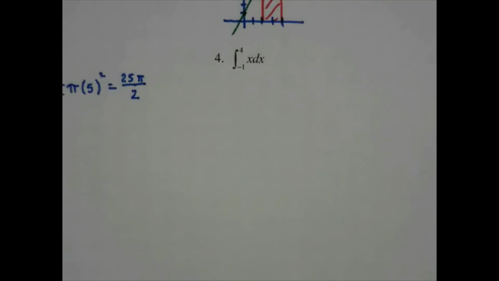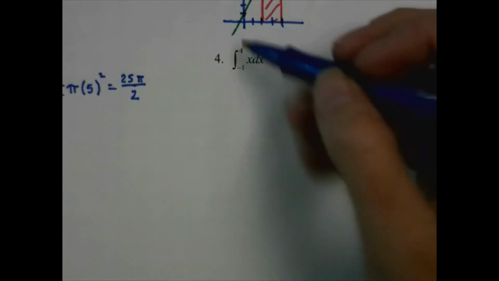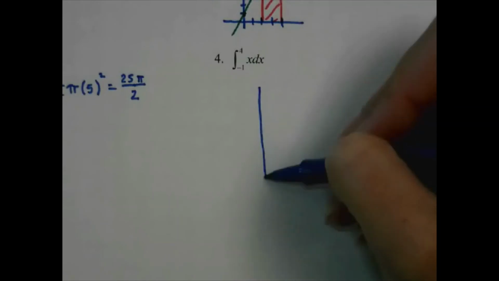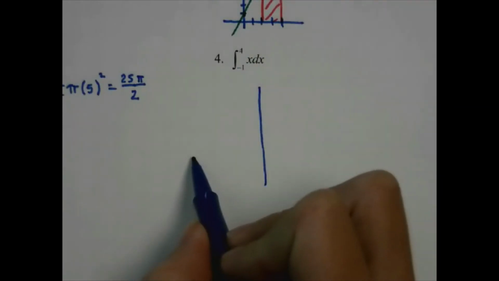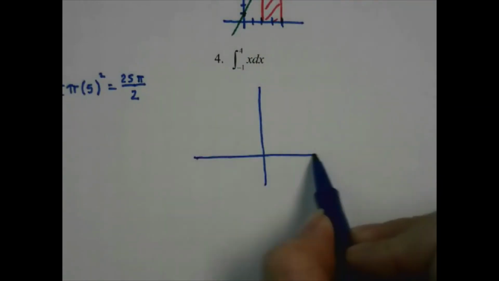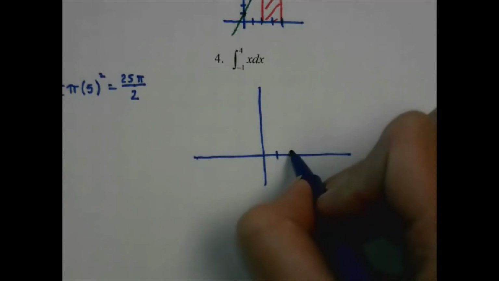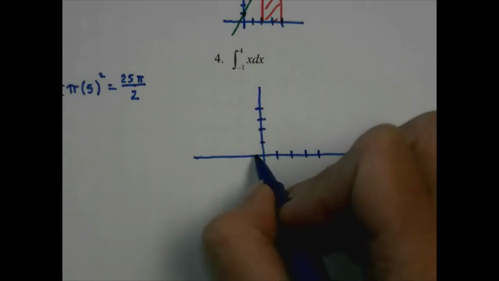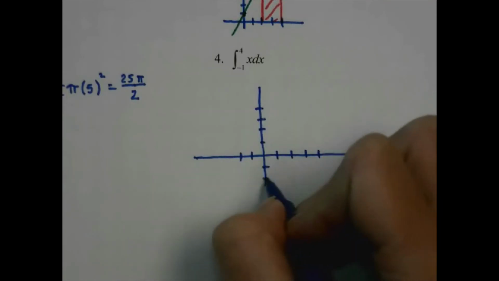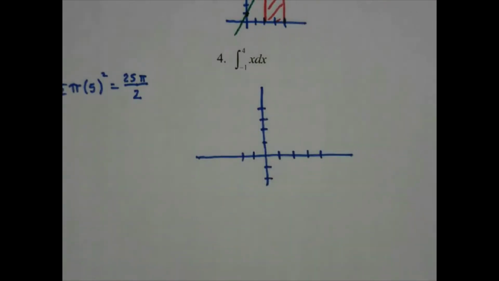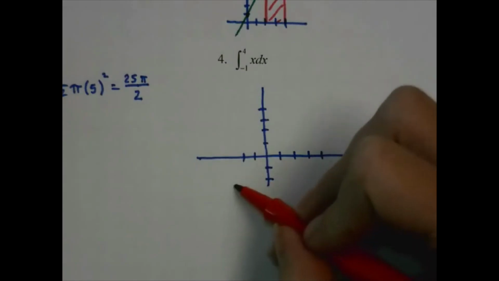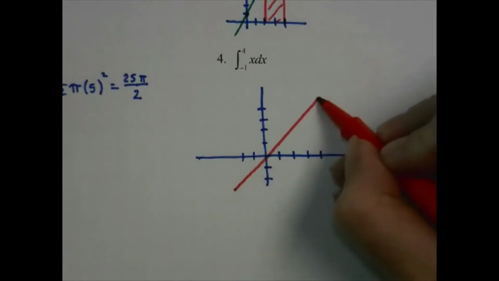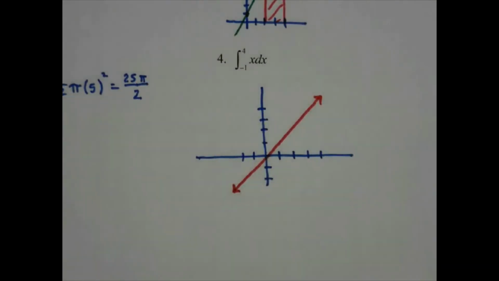Okay. Our next one, x from -1 to 4. So y equals x, just a straight line here, y equals x.